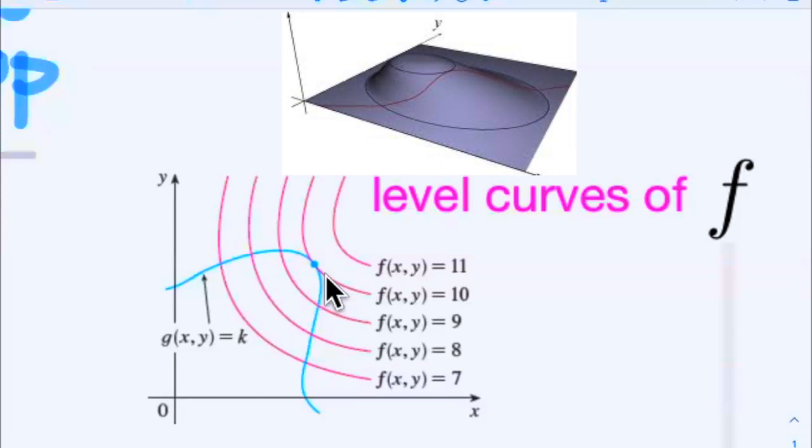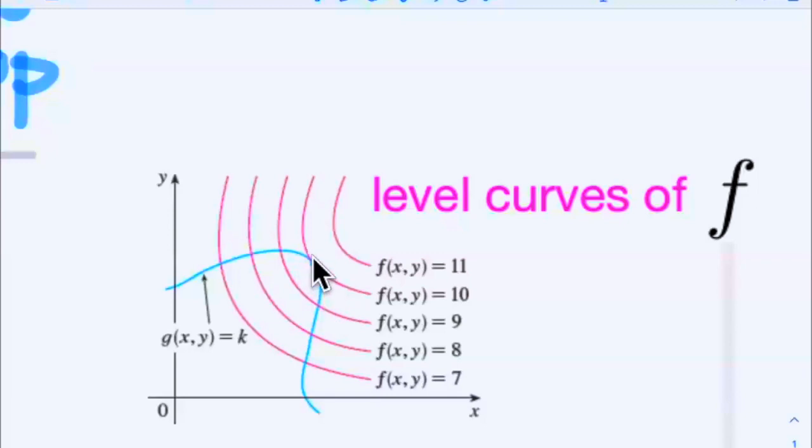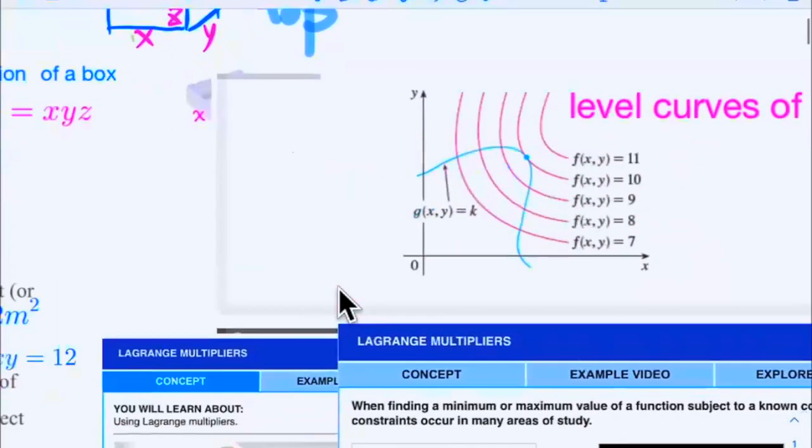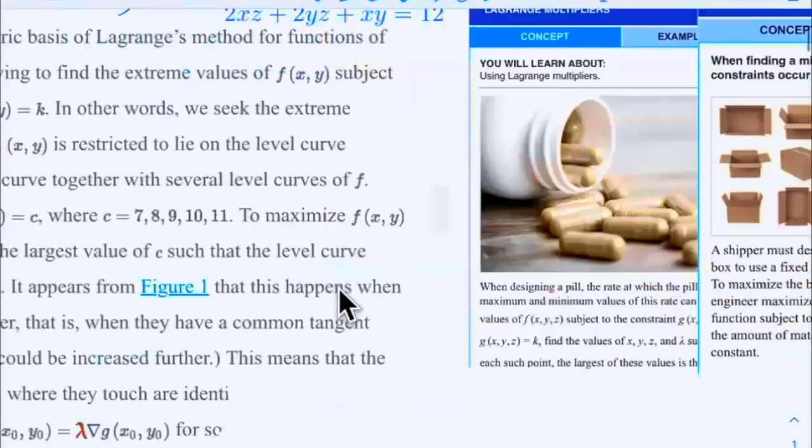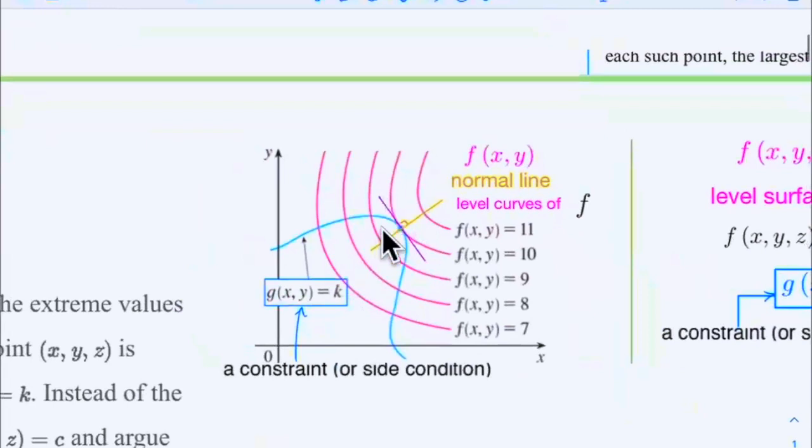What happens to the tangent at this point? Do they have a common tangent over here? What do you think? Yeah, they have a common tangent, right? Okay. So I have another graph over here. You see that when they touch each other, they have a common tangent line, this purple one over here.